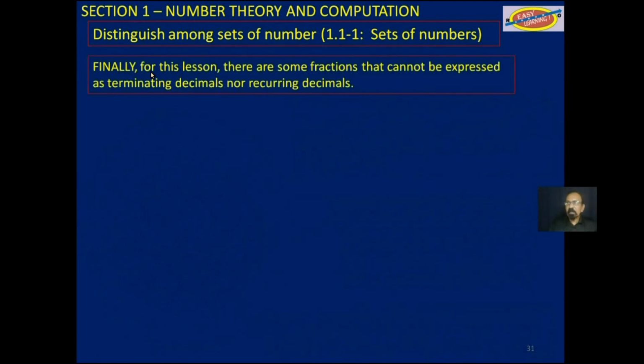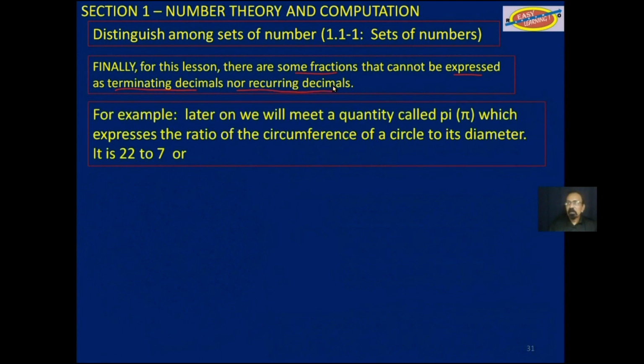Now, finally, in this lesson, there are some fractions that cannot be expressed as terminating decimals nor as recurring decimals. For example, later we will meet a quantity called pi, which expresses the ratio of the circumference of a circle to its diameter. You may already know that as 22 to 7 or 22 over 7.